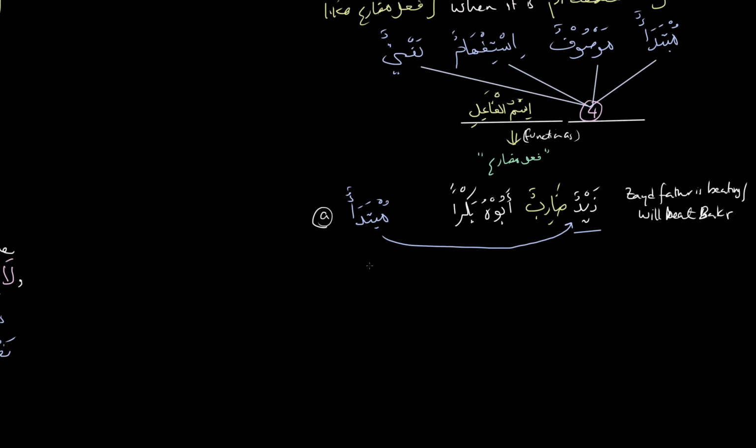All right. So now that's that, and then B. Example number B is for mawsufun. Marartu bi rajulin daribin.